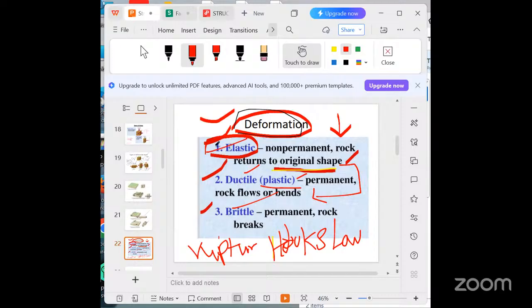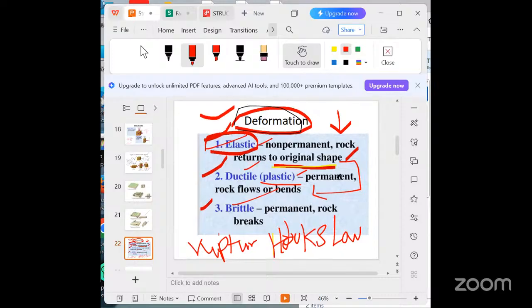So these are the three. The first one is elastic, which occurs at room temperature and pressure and under stress applied for a short period of time. Most rocks are brittle, right? So they behave elastically until they fail by rupture.